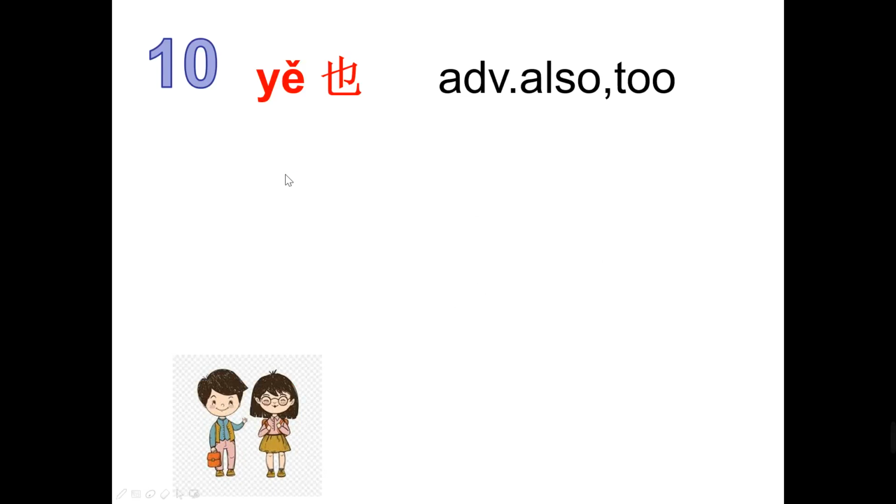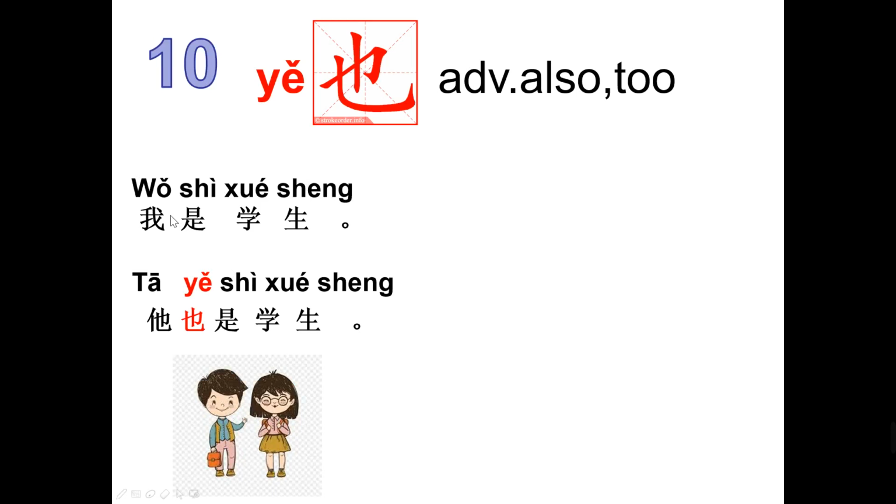Now, let's continue. The 10th word is 也. 也 is an adverb. It means also or too. 也. For example, 我是学生。I am a student.